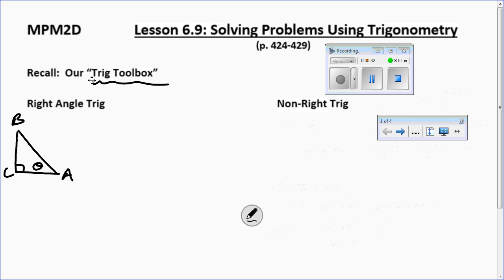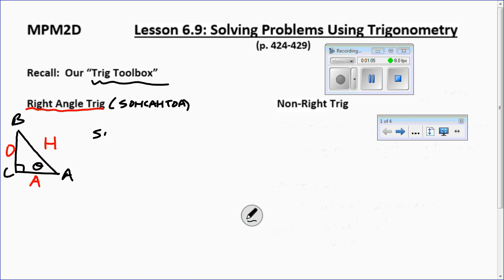Now, when we're working with this, we need to label all the sides as hypotenuse, opposite, and adjacent. Okay? When we're talking about right angle trigonometry, we're talking about things like SOHCAHTOA, and the basic trig ratios.